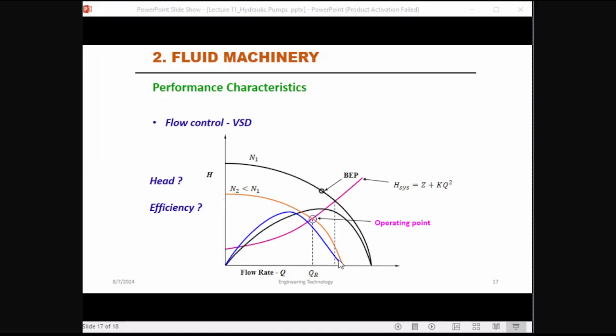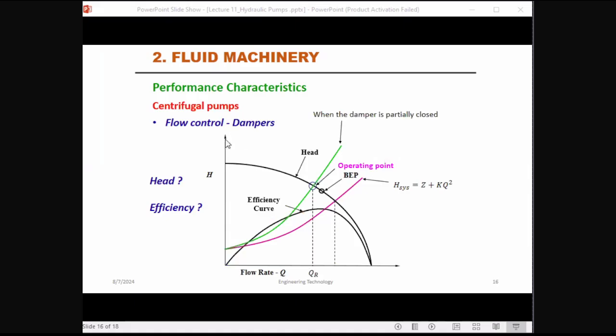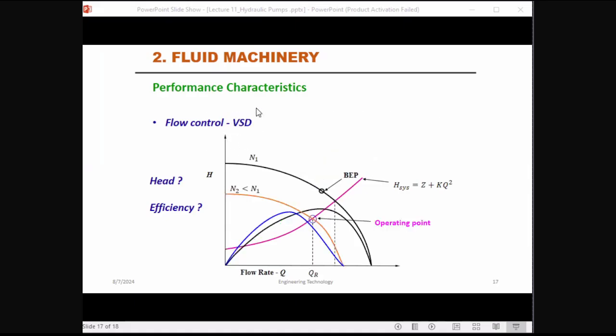Then you can draw your characteristic curve like this, the total system head. Then you can get this point, and according to this point, you can identify the flow rate and head. These are two flow controlling methods, using a damper and a variable speed drive. VSD means variable speed drive.